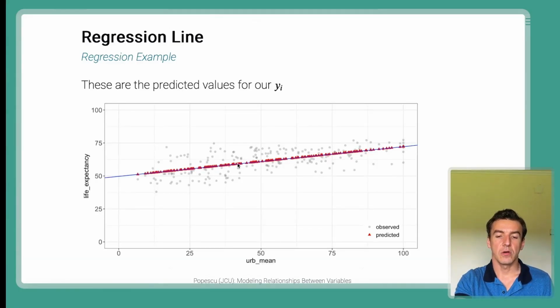These red triangles are the predicted values for yi. So the gray dots are really the black dots from before. So these are the actual observations for both x and y. The red triangles are predicted values for yi.